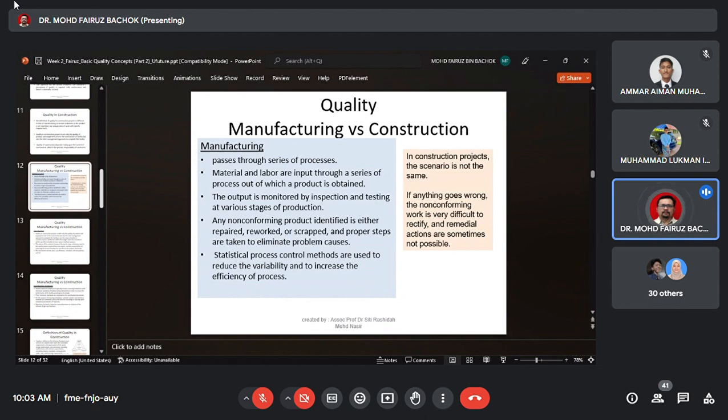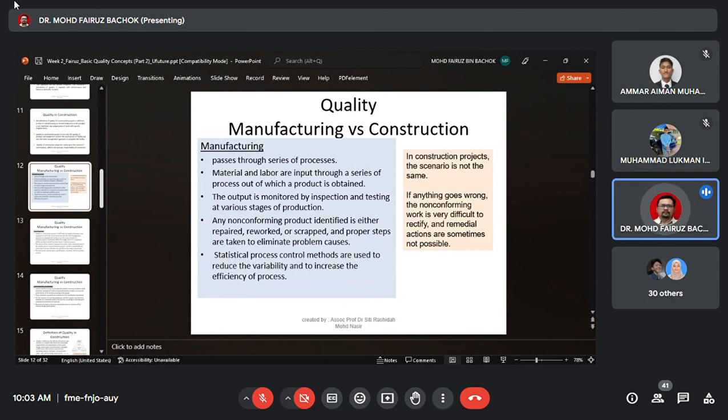And labor also does the same thing. If you work in the packaging division or department, that is the only work, packing that product. So it goes through a series of the same process, and that is different from construction.